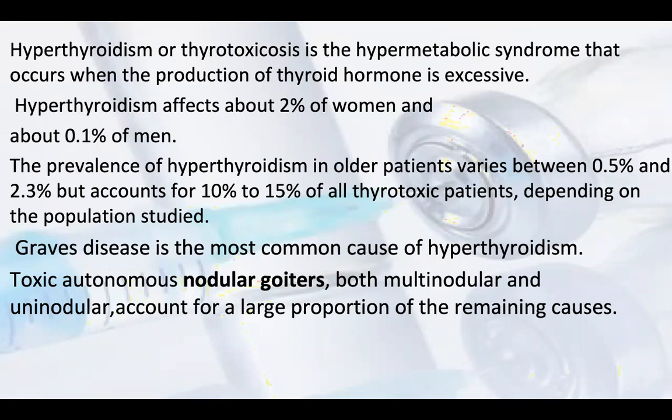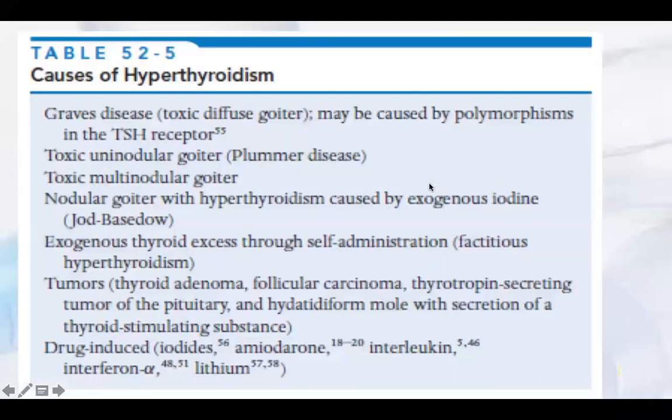Toxic autoimmune nodular goiter, both multinodular and uninodular, accounts for a large proportion of the remaining causes. So you can see the causes of hyperthyroidism in this slide.